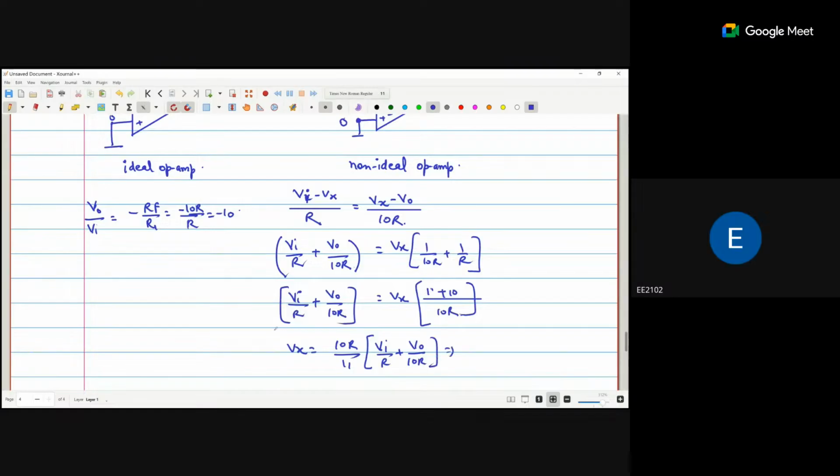If we simplify that, 10 Vi by 11 plus V naught by 11. This is the Vx voltage.